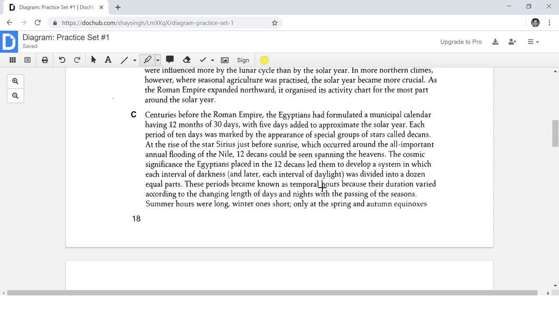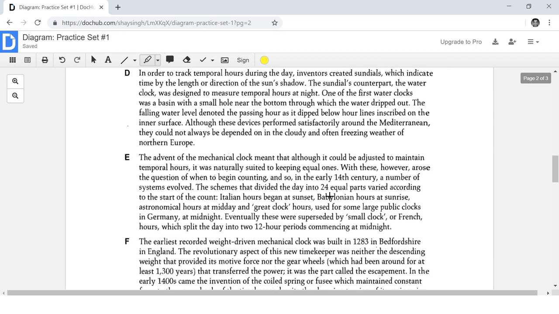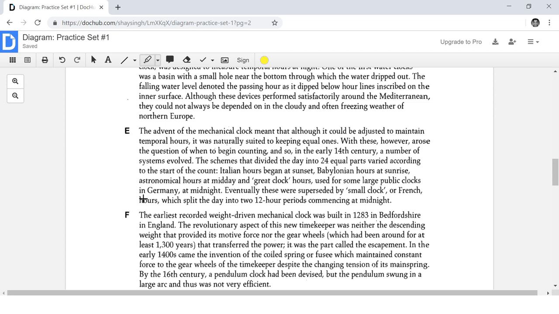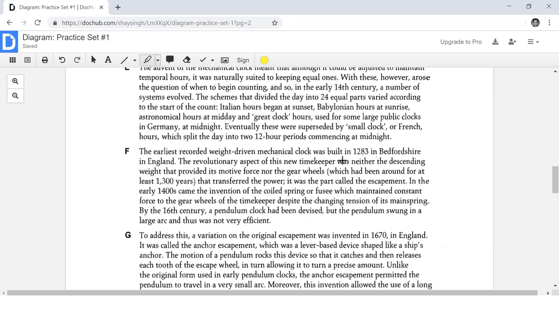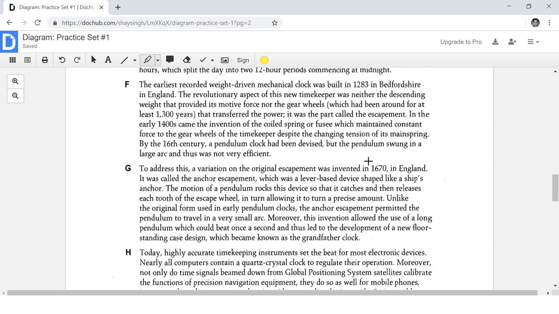I see a bunch of numbers there, but nothing about 1670. Still scanning. Here we go, 1670. Great.